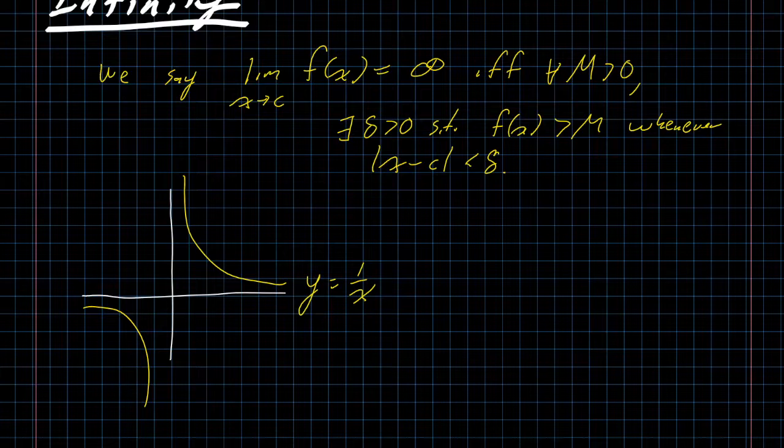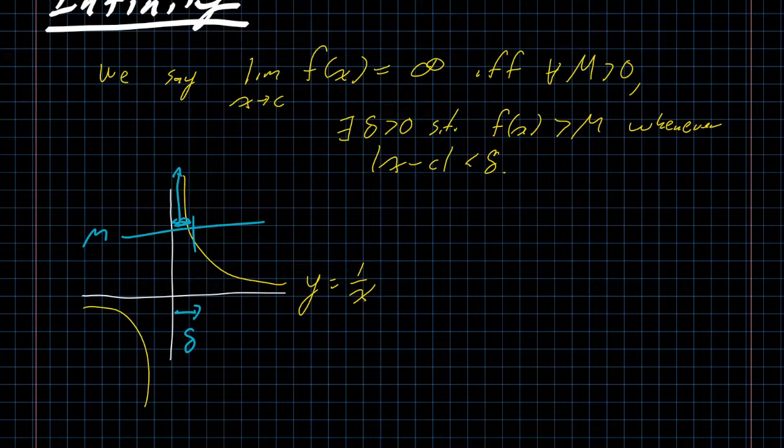y equals 1 over x that we've used a couple of times. What we're saying here is that if I pick any value M, I can find a delta so that in the interval in question, my function is always bigger than M. This is a nice way of defining a vertical asymptote.